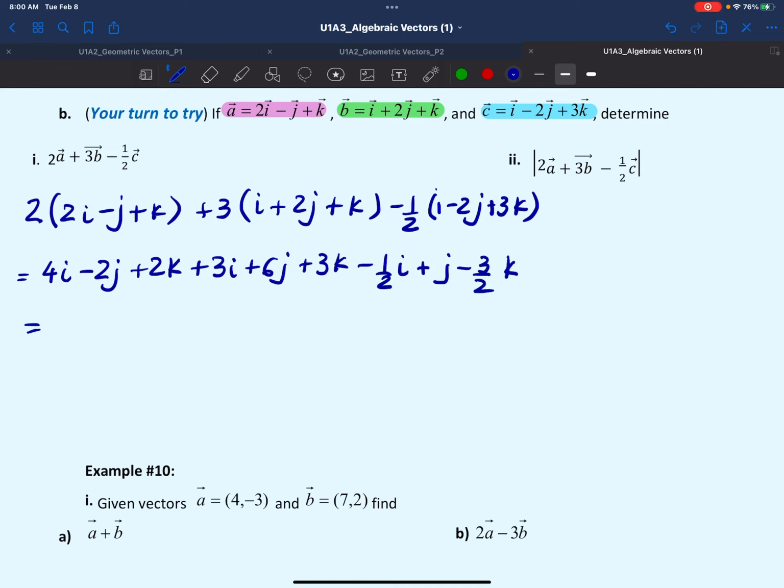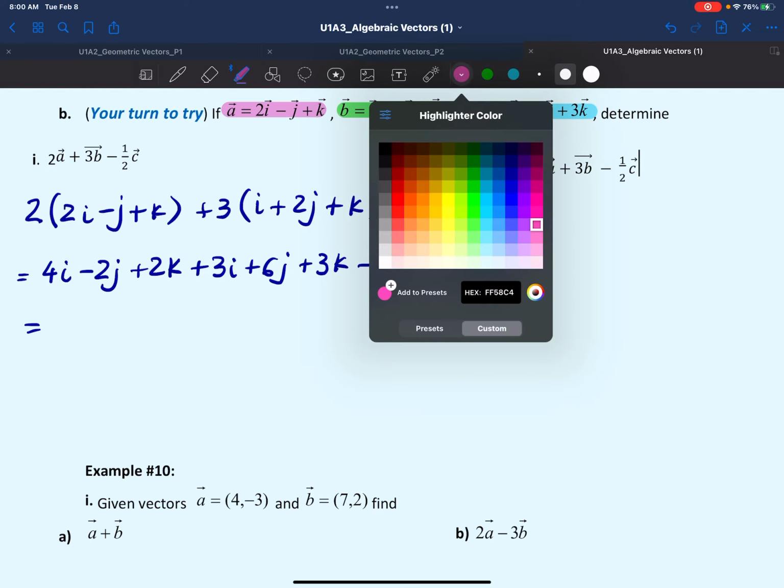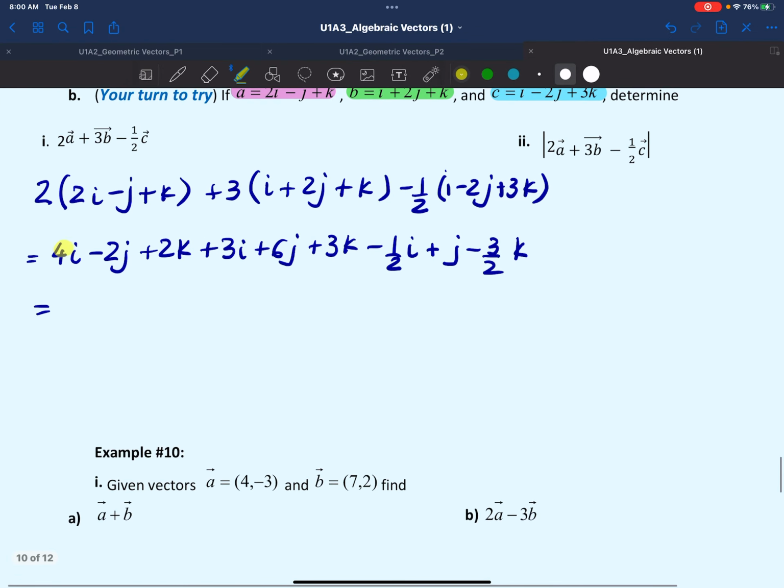Again, continue simplifying, so I'm going to bring together all the i's and then the j's and the k's. So here go the i's. So we have 4 plus 3 is 7 minus half, 6.5, which is 13 over 2. So 13 over 2i. And then we have the j's.